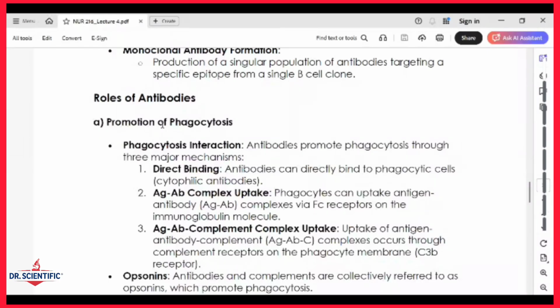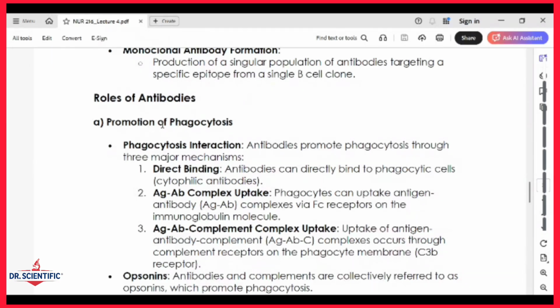Then it's possible to form antigen-antibody complexes, and once antigen-antibody complexes are formed, phagocytic cells are then able to phagocytose.